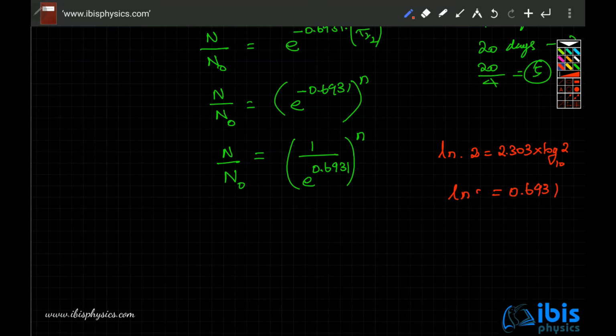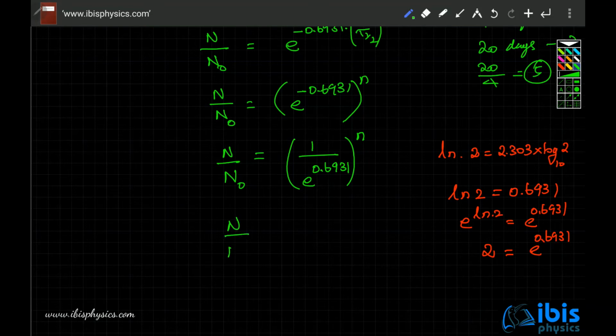This is natural logarithm of 2. When you raise to power e, e power natural logarithm of 2 equals e power 0.6931. E and natural logarithm are inverse, they cancel out. So 2 equals e power 0.6931. So e raised to 0.6931 is actually 2.